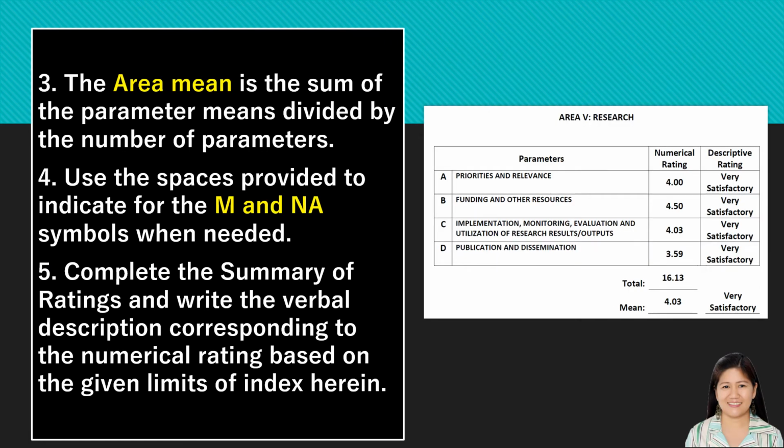Let us remember that the area mean is the sum of the parameter means divided by the number of parameters. And let us use the spaces provided to indicate the M or the missing and the NA or the not applicable symbols when needed.